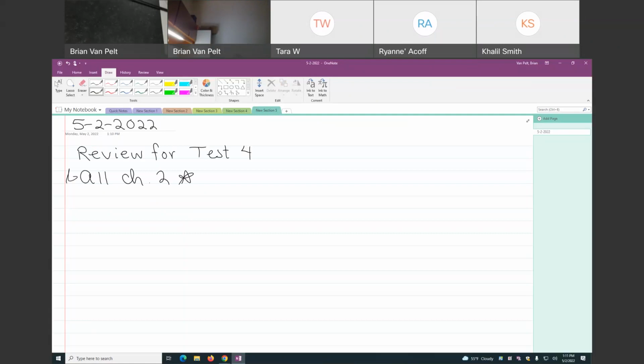So it's going to be all that chapter 2 stuff on exponents, what the whole test is going to be like.